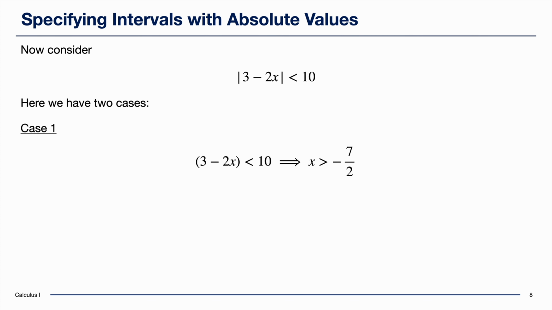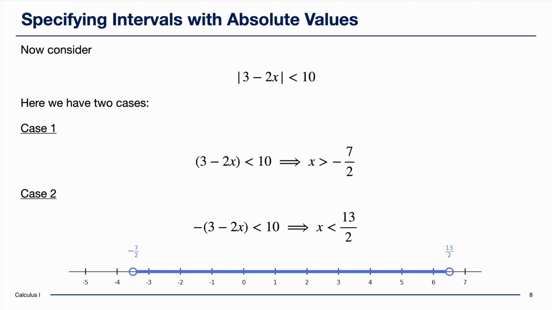When 3 minus 2x is positive, then 3 minus 2x is less than 10, which gives x is greater than negative 7 over 2. In the second case, where 3 minus 2x is negative, we have negative (3 minus 2x) is less than 10, which gives x is less than 13 over 2. So if we plot it on a number line, it looks like this. It's an open interval from negative 7 over 2 all the way to 13 over 2.